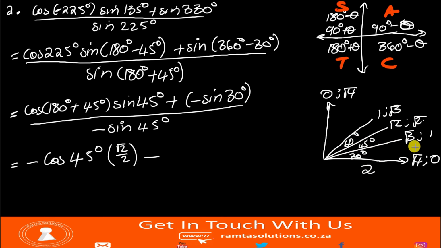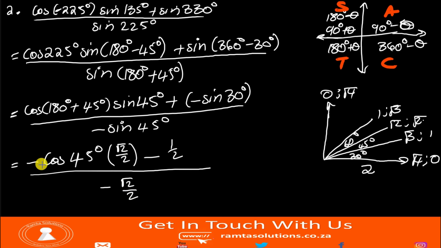Now, sine 30, here is the 30 degrees line. Sine is y over r, or opposite over hypotenuse. This is half. So it is half. Now, what is sine 45 again? We said it is root 2 over 2.